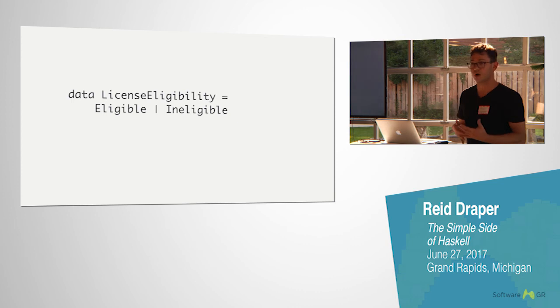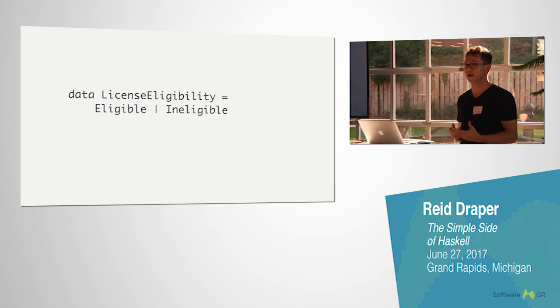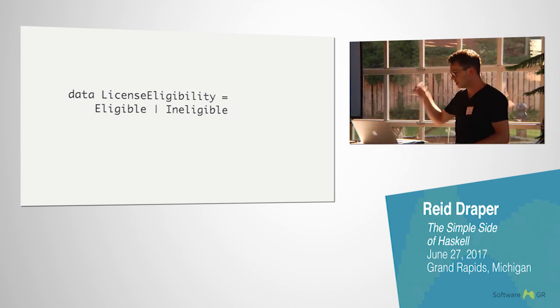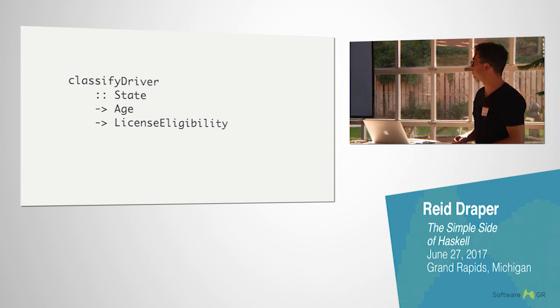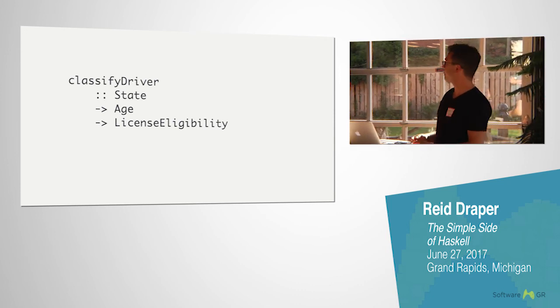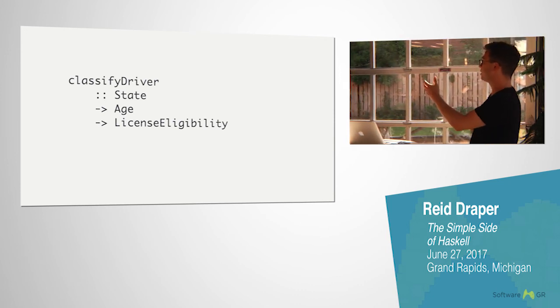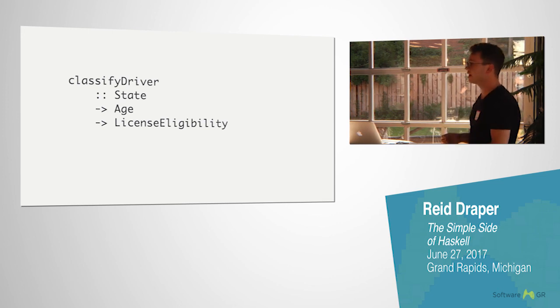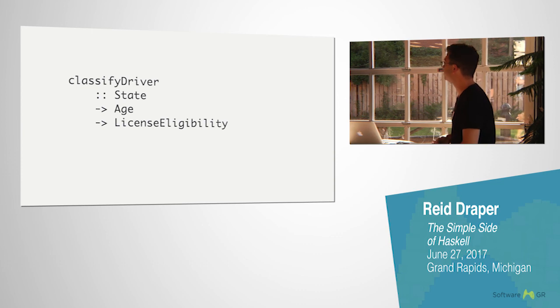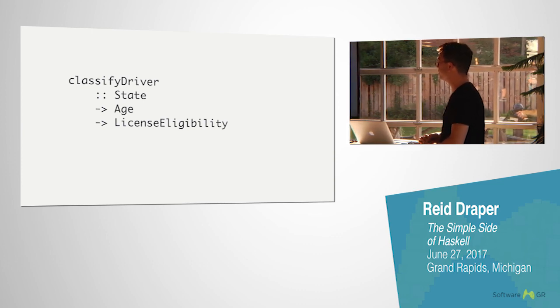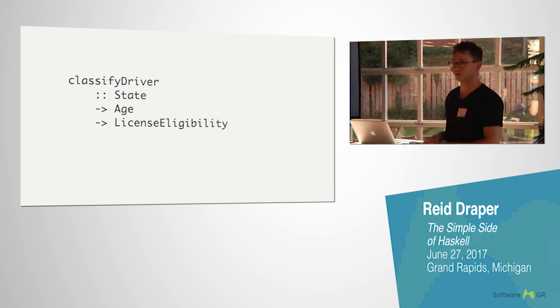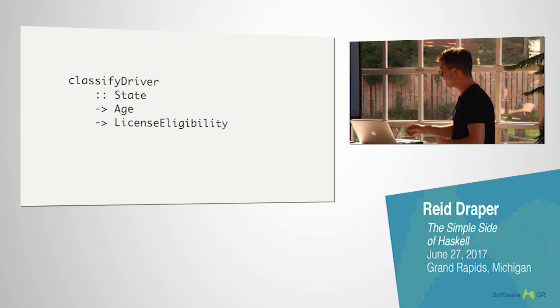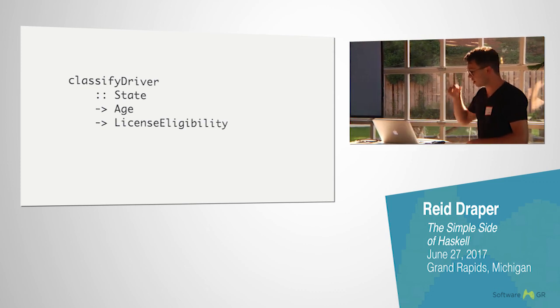And recall how simple it was to define Booleans in Haskell. Well, we can just create a binary type, meaning we just have two choices, that means something for our domain in particular. So we can say license eligibility, you're either eligible or ineligible. And adjust our type.